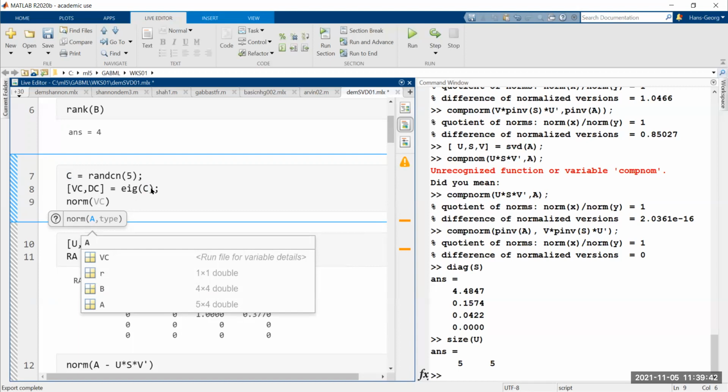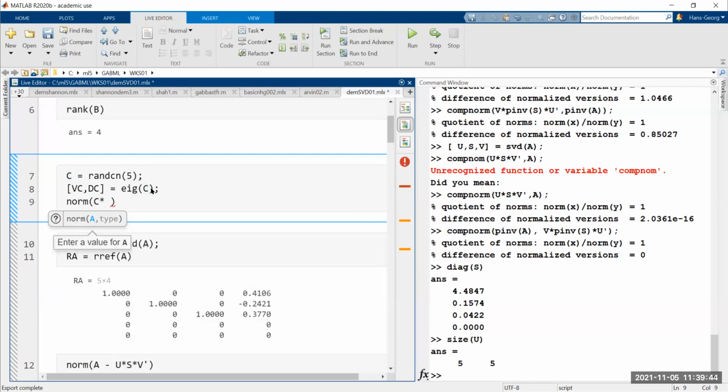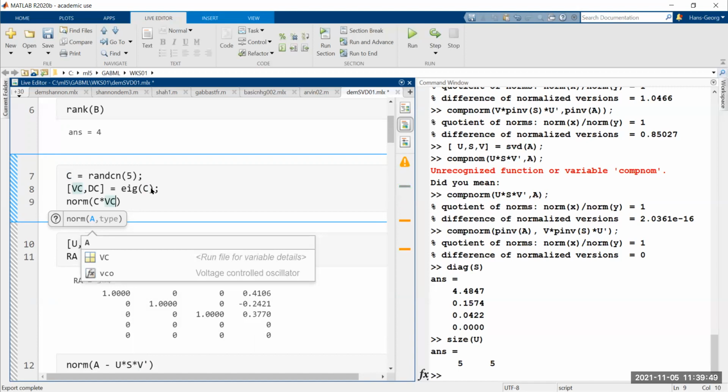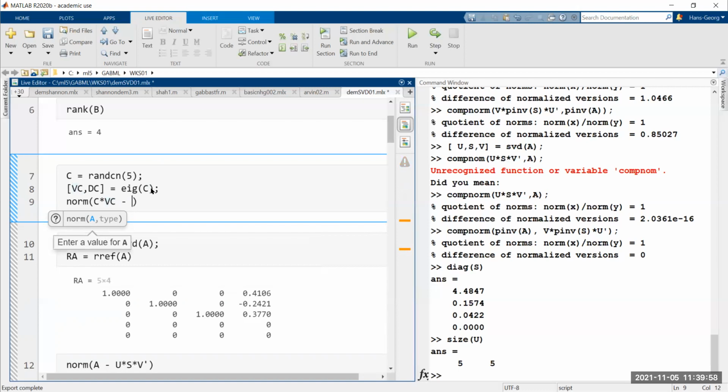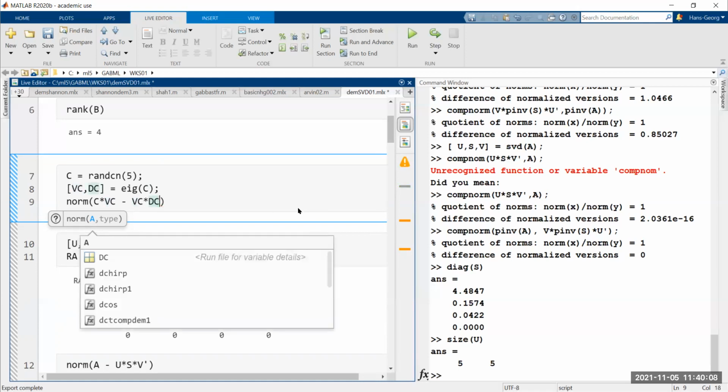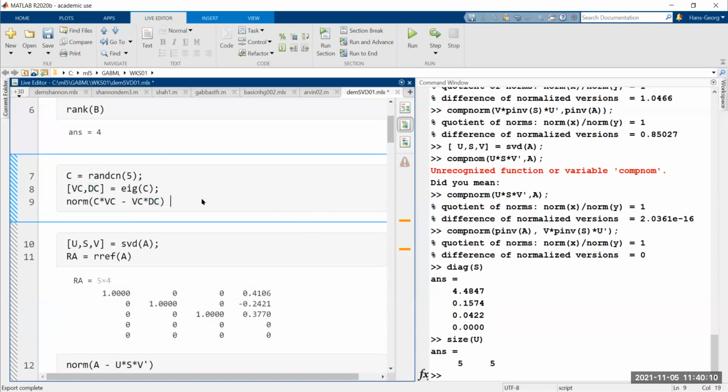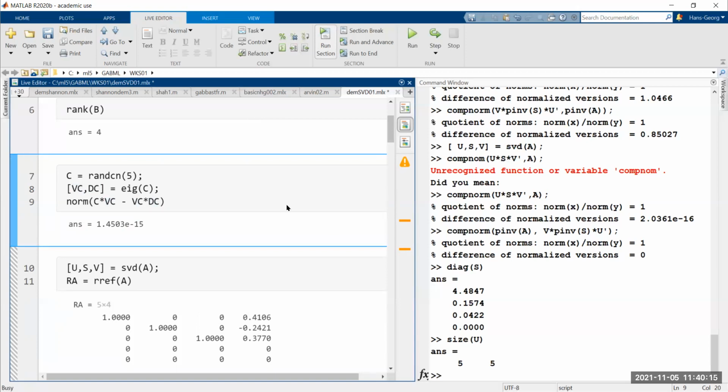Eigenvectors are vectors such that applying the matrix by matrix multiplication to the collection of columns, the first column, second column, third column, should be the same as taking these vectors and multiplying them column-wise with the diagonal entries, that is, multiplying with the diagonal matrix from the right. So the difference should give 0.